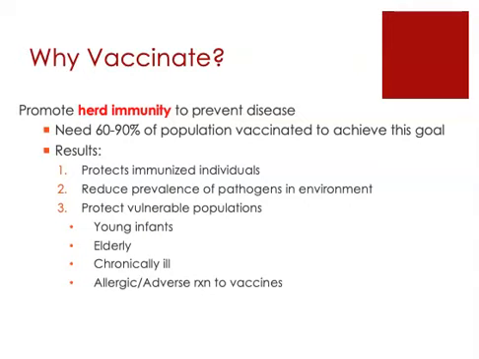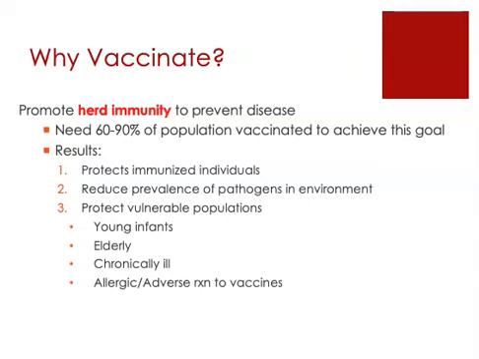Now, what herd immunity provides for us is three particular advantages. The first one, of course, is that the individuals who are receiving the vaccine are going to be immunized. They're going to be protected against infection.